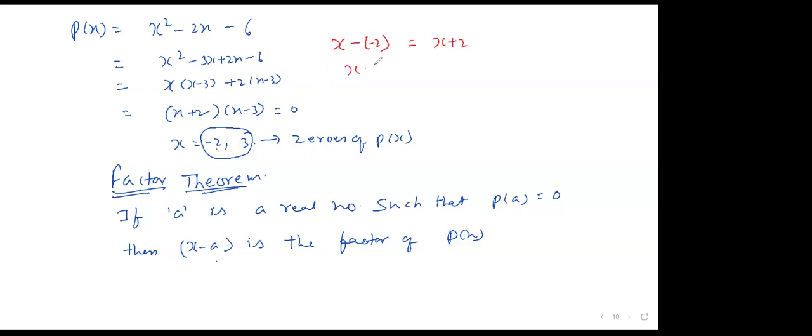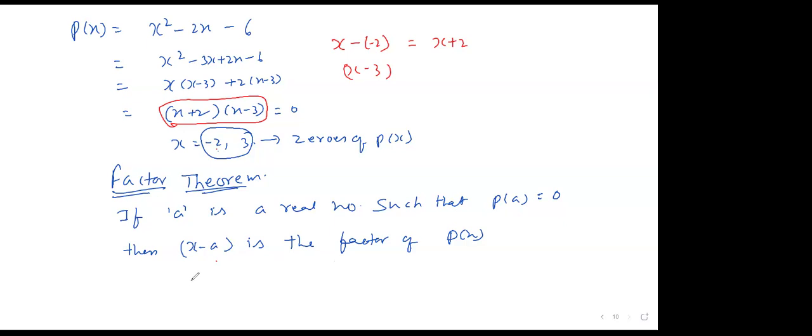And another is x minus 3. These two are the factors of the polynomial. We have already factorized it, and we see that x plus 2 and x minus 3 are the factors of the polynomial p(x). So if a real number makes the polynomial 0, then x minus that real number is a factor of the given polynomial.